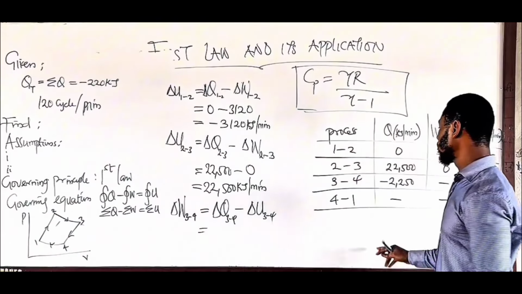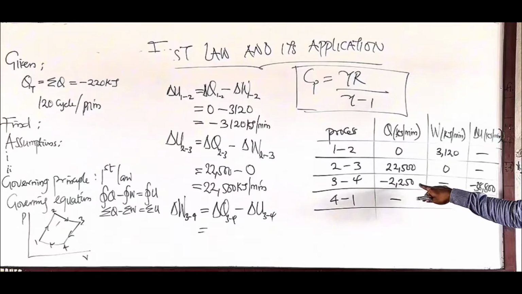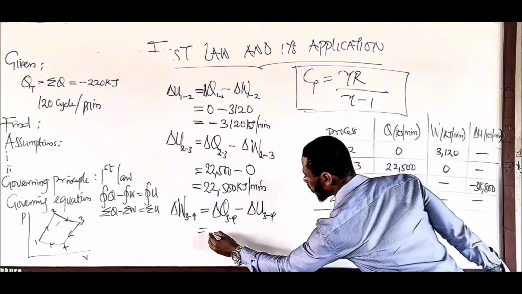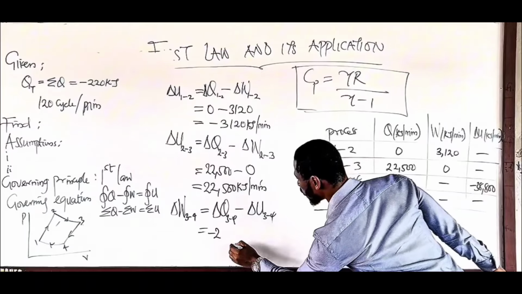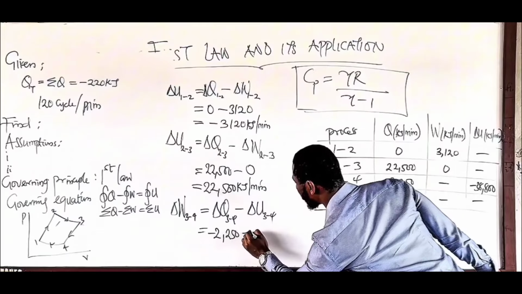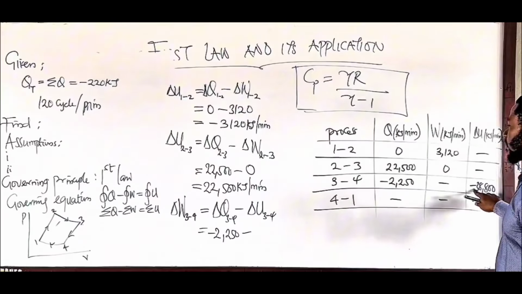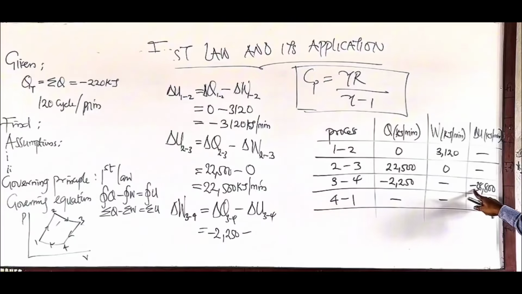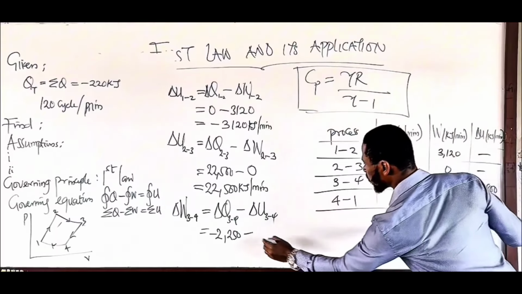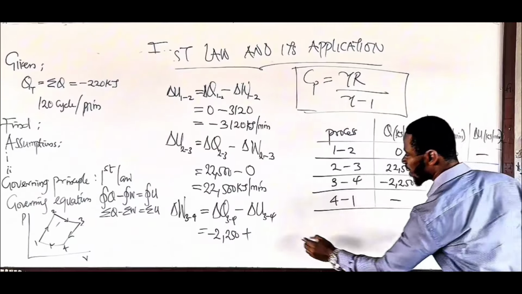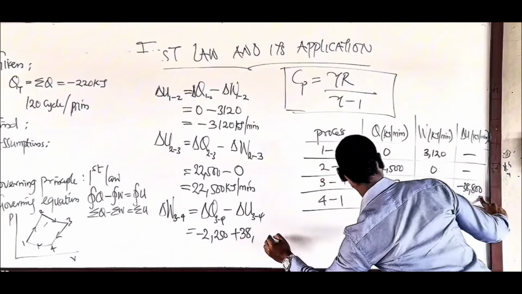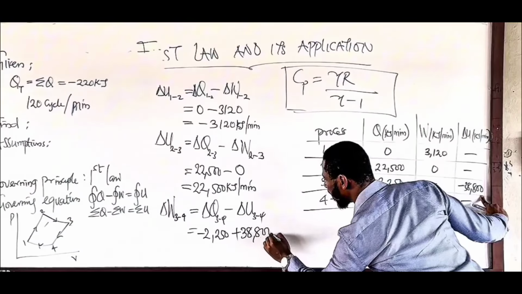Now go back to the question as displayed on the screen. At this level, we have minus 2,250 minus this particular value, which is negative, so minus minus becomes positive. So we have 38,800.